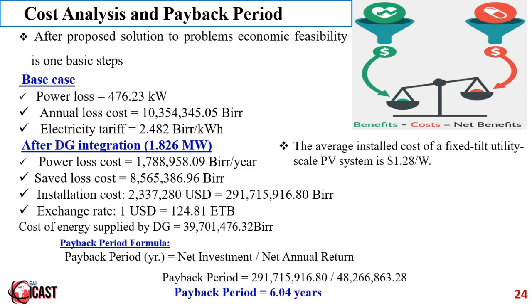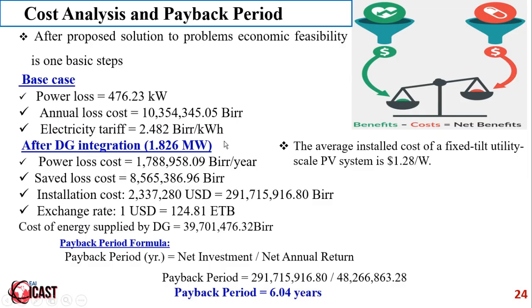So in the base case, the power loss is such an amount of kilowatts, and the annual cost is above 10 million, using an electric tariff of 2.42 per kilowatt hour.